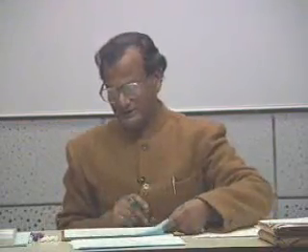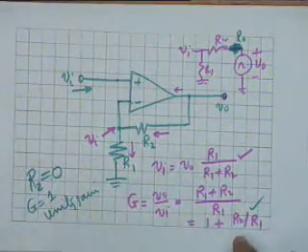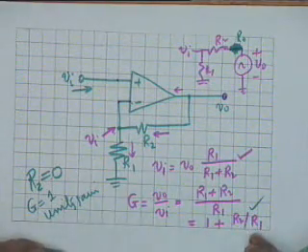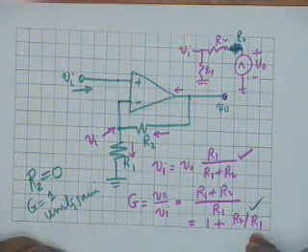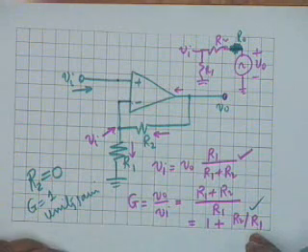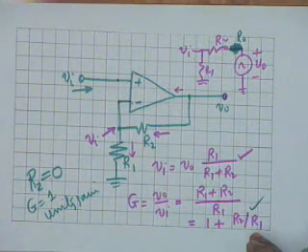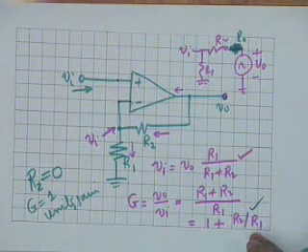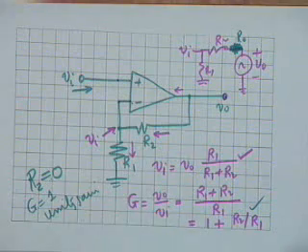One more question that one should ask at this stage is, the gain here is 1 plus R2 by R1, that is, it's greater than unity, whereas the gain in the inverting configuration was minus Rf by Ri, which could be less than 1 or greater than 1. It could also be equal to -1 if Rf and Ri were equal.